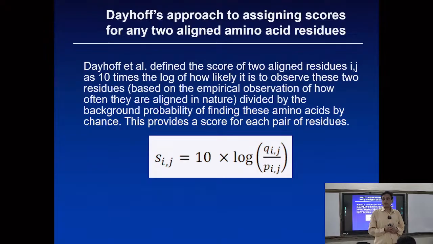Okay. And that is the reason PAM1 was extrapolated to longer evolutionary times, because PAM1 was not appropriate for scoring sequences that evolved a long time ago.